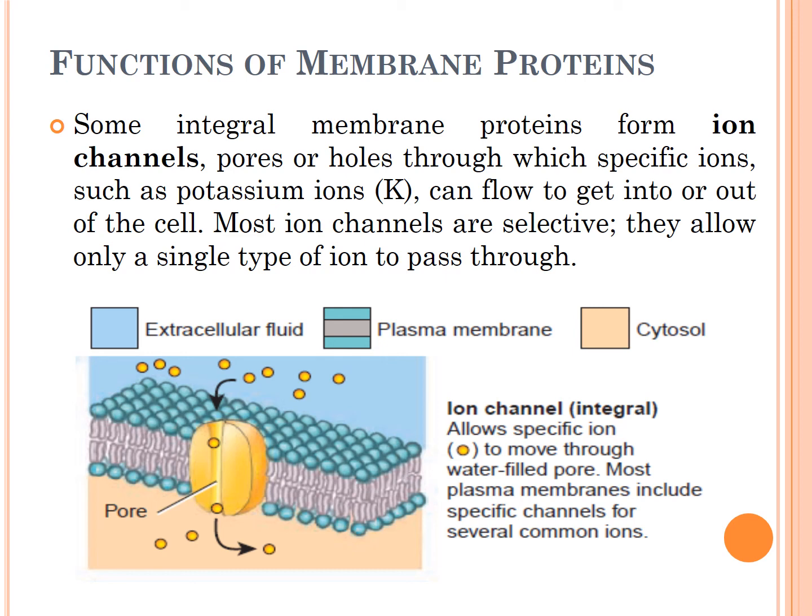Most ion channels are selective and allow only a single type of ion to pass through. So the first function is that it forms a channel, pore, or hole, through which specific ions can easily pass into or out of the cell.